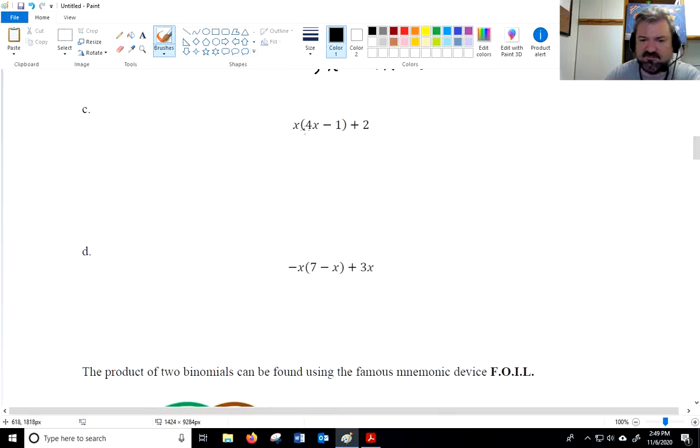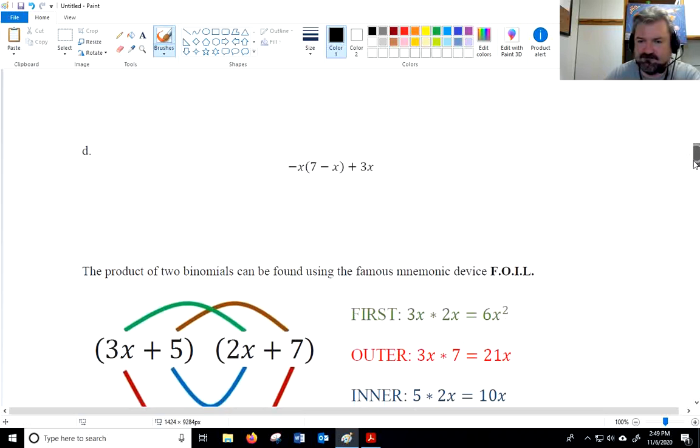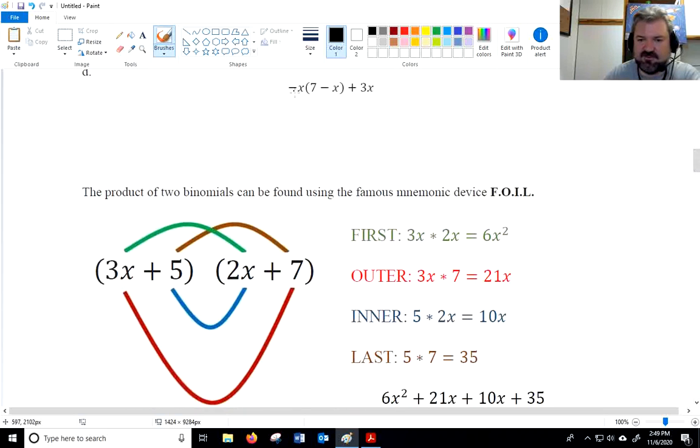All right, let's take a look at this one. x times 4x is 4x squared, and then x times 1 is minus x, and then plus 2. All right, on this one, I've got a negative 7x plus x squared plus 3x. I'll just simply combine like terms and get x squared minus 4x.